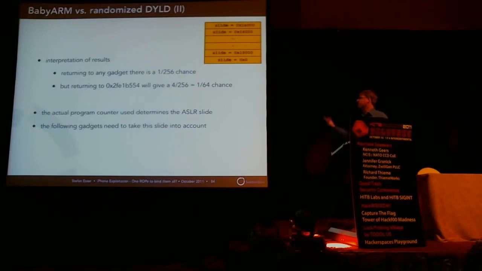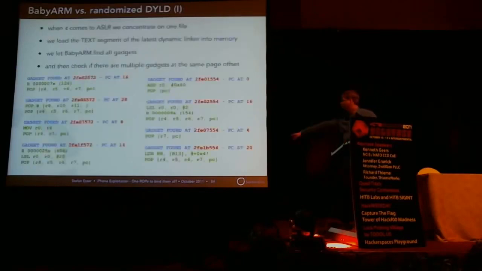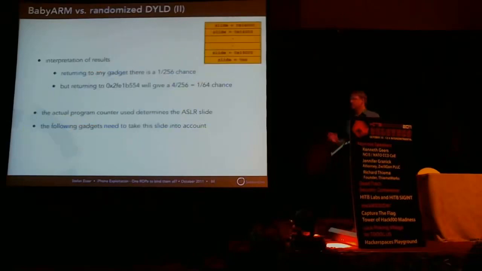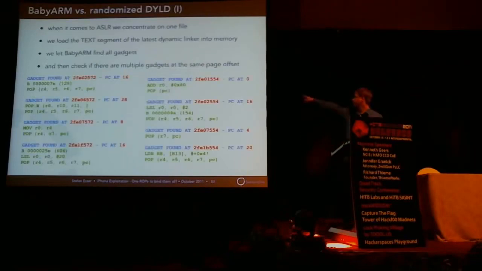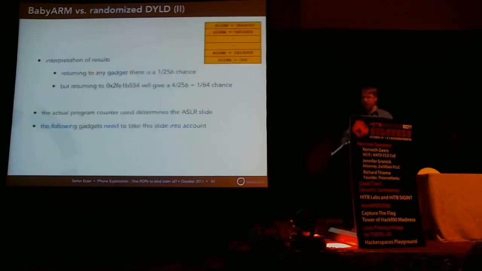But by returning to this red address here in the lower right corner, because it's at the same page offset, in total there are 4 times at this page offset that there is a valid gadget. So suddenly your chance to hit a valid gadget is 4 in 256, which is 1 in 64.